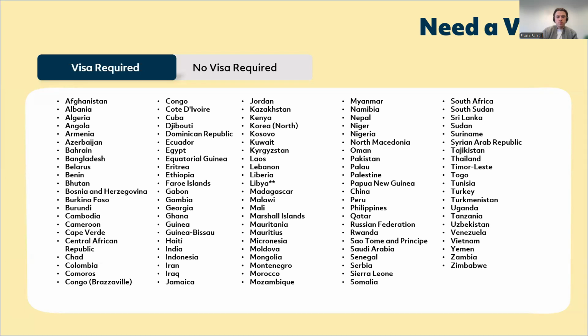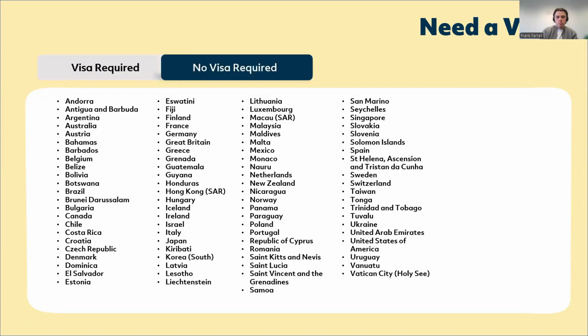If your country is on this list, then you require a visa to enter Ireland. But if your country is on this list, you do not require a visa to enter Ireland. But once you arrive in Ireland, to be able to study in Ireland, you would need to register with the immigration, and that applies to everyone, including those who do not require a visa to enter Ireland.